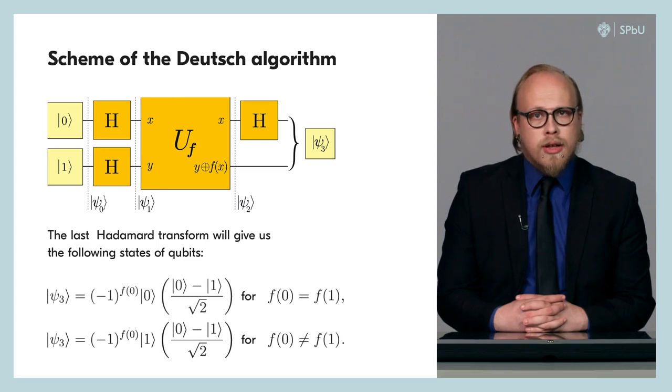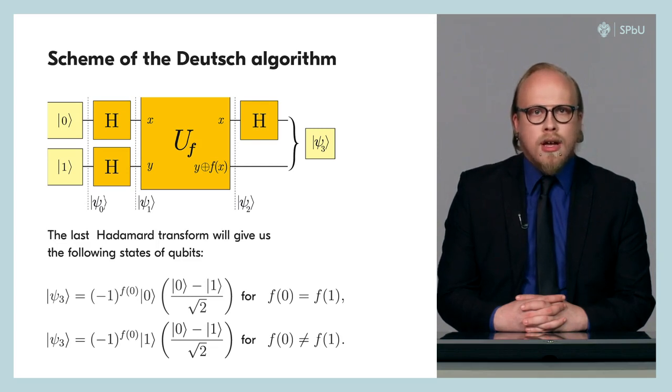And if we get that the first qubit was in state 1, then the function f is balanced. Thus, we obtained information on whether the function f is constant or balanced in just one call to the oracle. At the same time, we did not calculate the value of the function f itself for each value of the argument, as required by the classical algorithms.